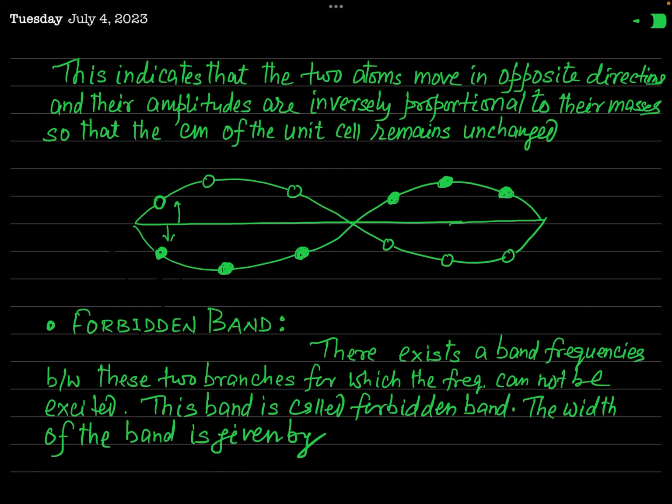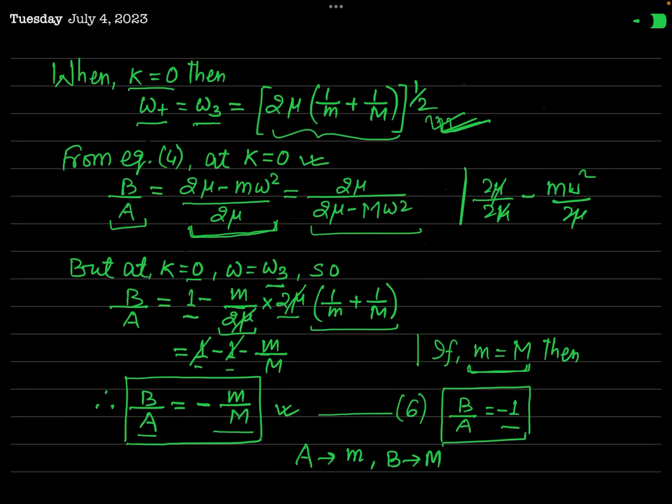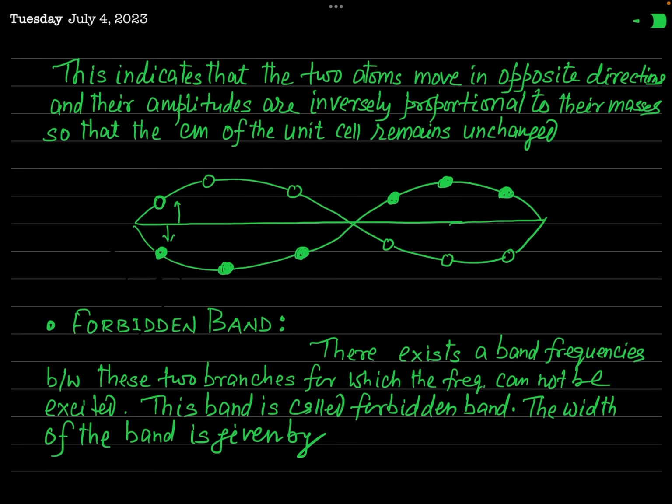It means the heavier atom will have a smaller amplitude, and the lighter atom will have a larger amplitude. But if both atoms are of equal mass, then B is equal to minus A. It means in that condition both atoms will vibrate with the same amplitude but in opposite directions.